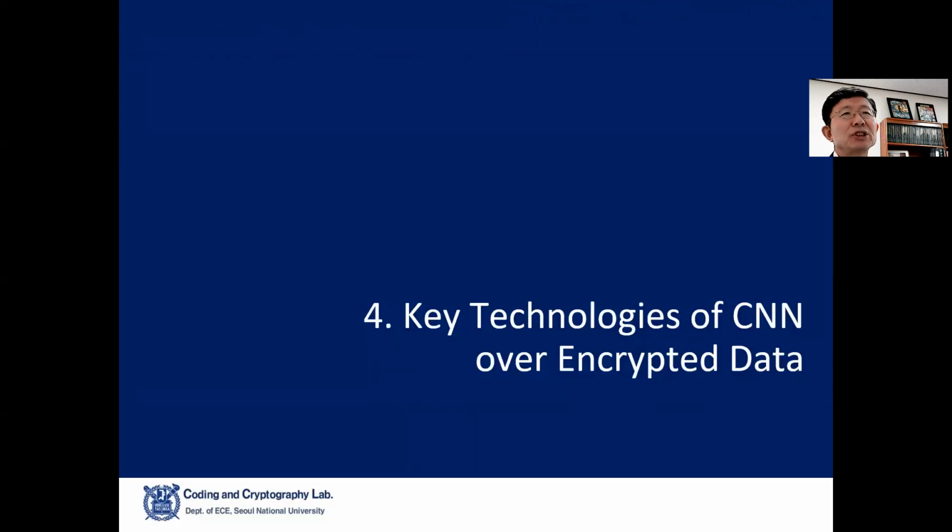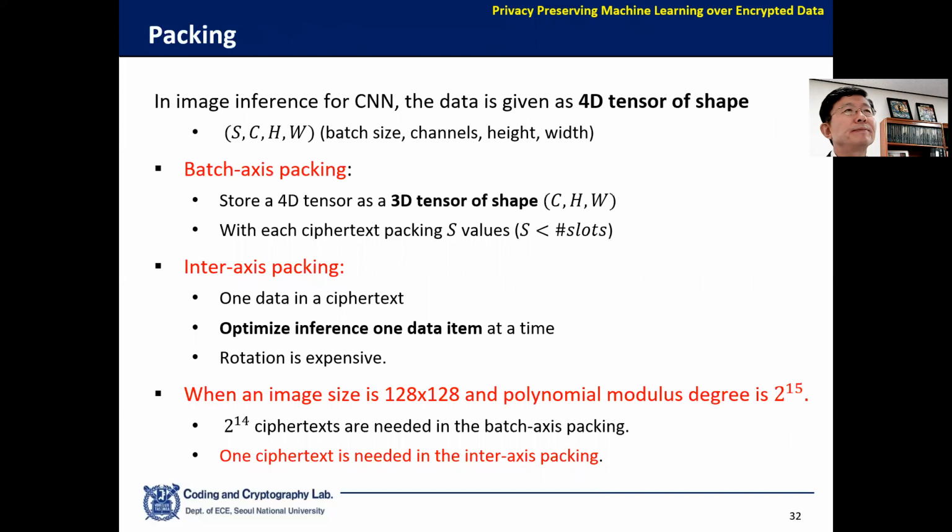Okay, let's move on to the key technology. What is the key technology of CNN over encrypted data? Packing. In image inference for CNN, data is given as a 4D tensor of shape S (batch size), C (channel), H (height), W (width). There are two different types of packing.